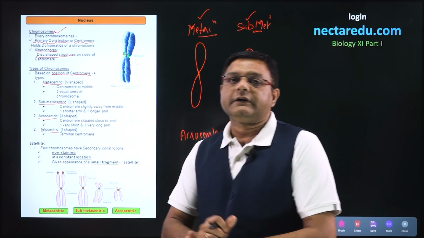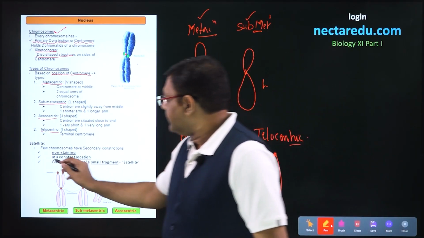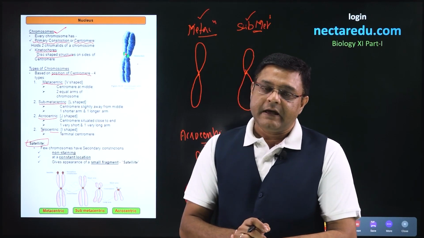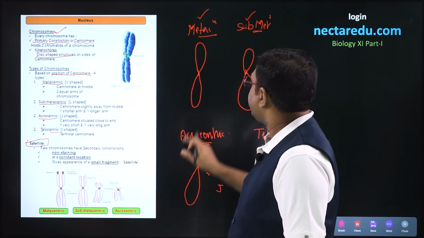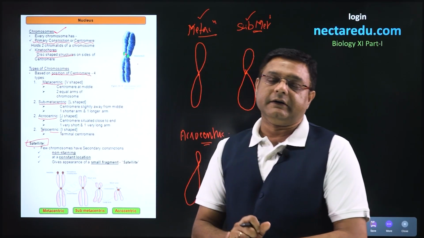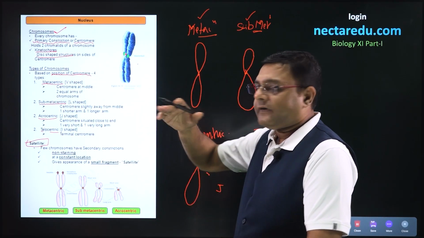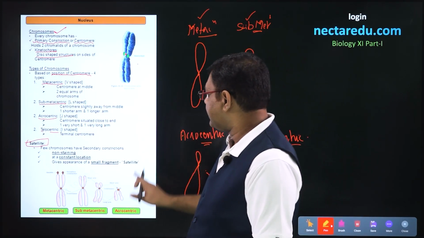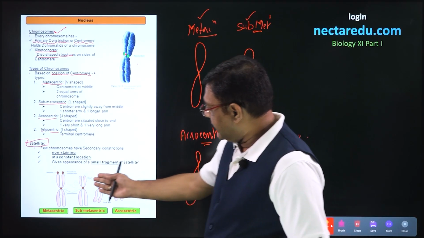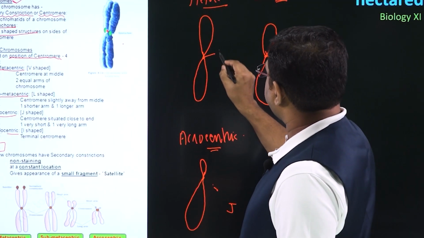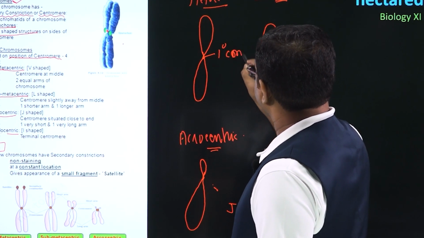After looking into the types of chromosomes, we come to the term called satellite. Initially, we had talked about the structure primary constriction or centromere. If a second constriction is present, then that is called secondary constriction. So let us see in this diagram, or we can make it over here. This is the primary constriction that we talked about.